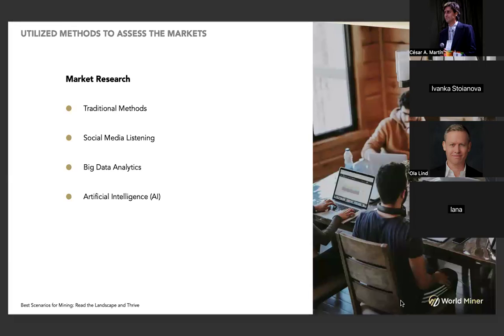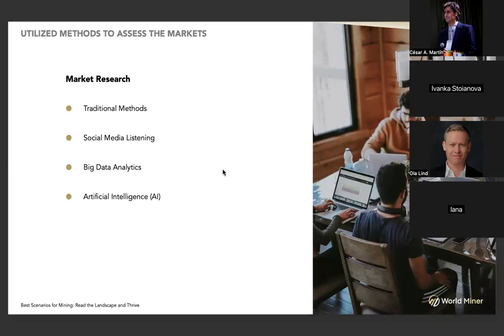But a more recent approach is social media listening, which analyzes social media conversations and trends and provides insights into consumer sentiment, brand perception, and emerging market trends. In one way, it feels like being in tune with the consumer almost in real time.